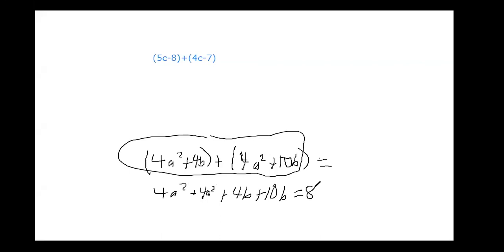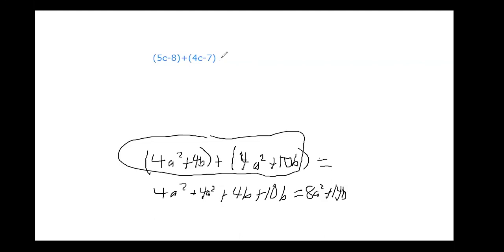That's 8a squared plus 14b. Okay. Ooh, nice job with writing the a squared on that.